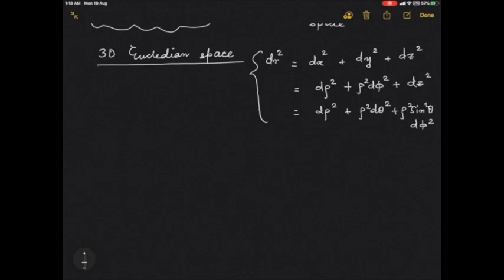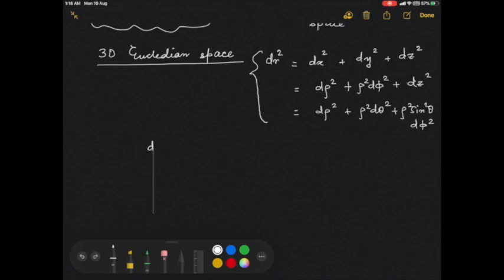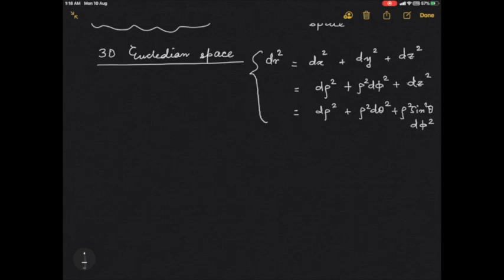So let us write down in general how it will look. Say I have three coordinates, and instead of writing x, y, z or rho, phi, etc., let me write these three coordinates in a simpler way. Let us choose the three coordinates as x1, x2 and x3.